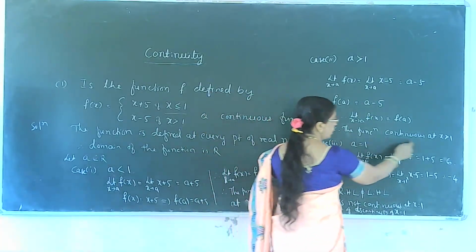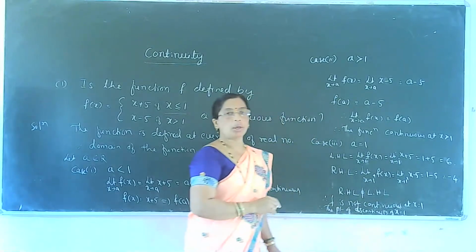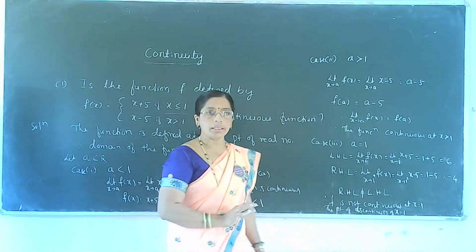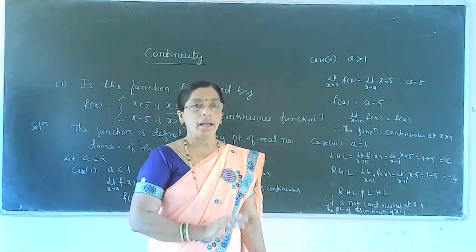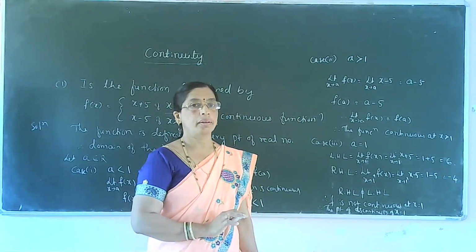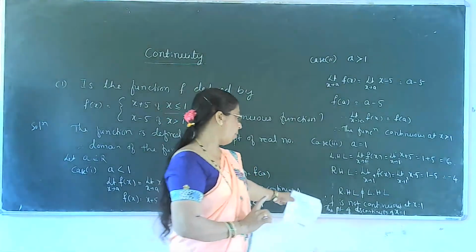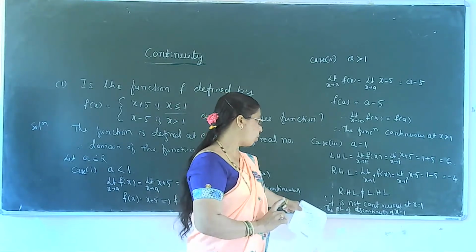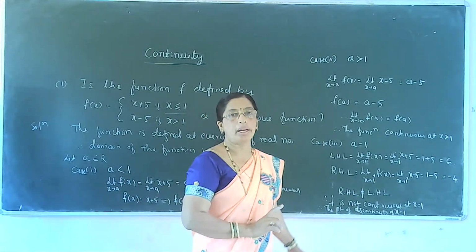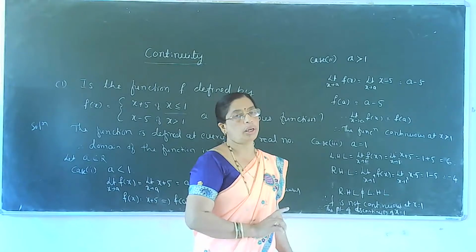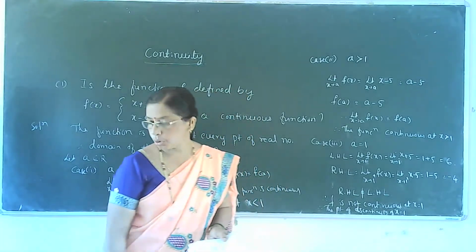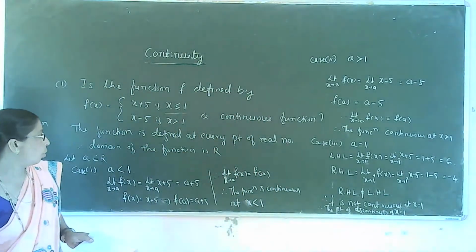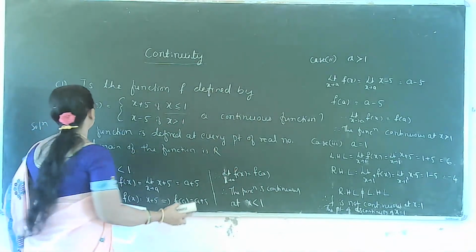Then the function is continuous at x equal to 1. Therefore, the function is continuous everywhere, but it is discontinuous only at the point x equal to 1. You can draw the graph also; it's not necessary, but it helps you understand the function.